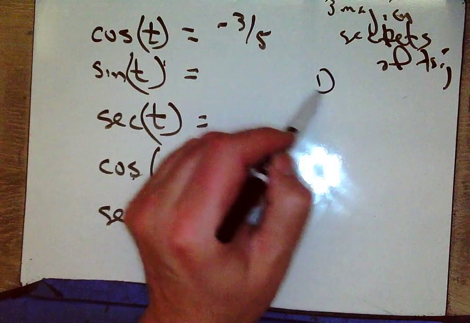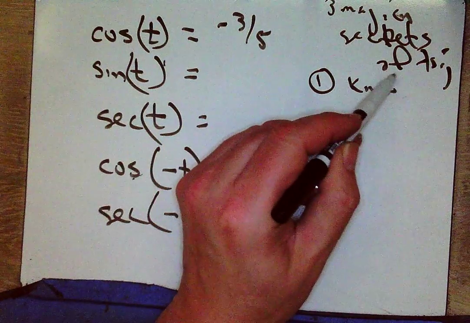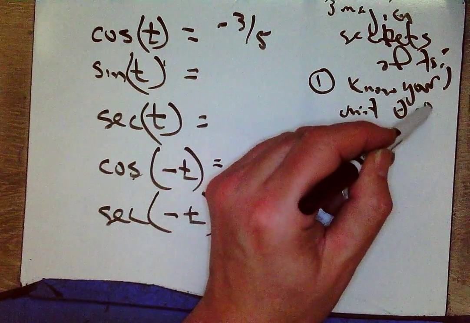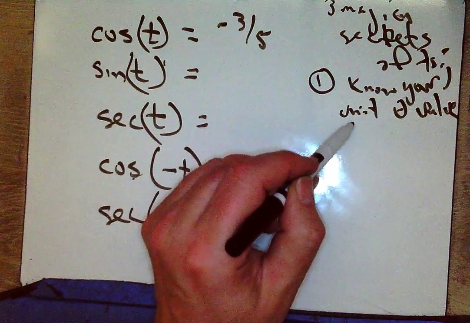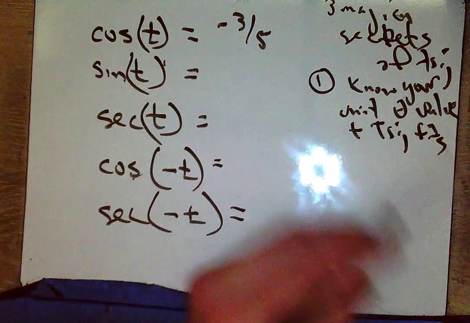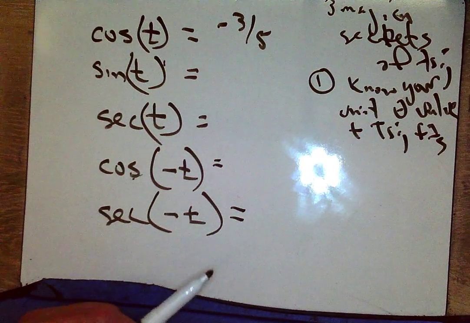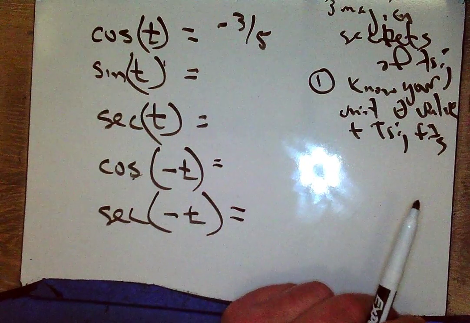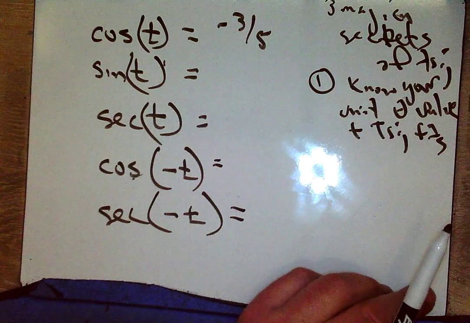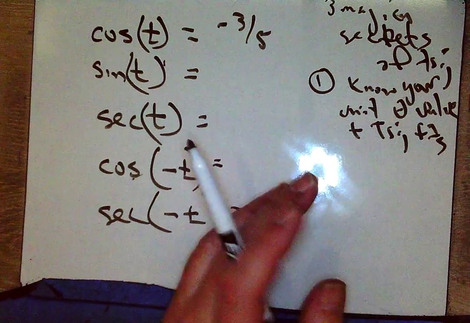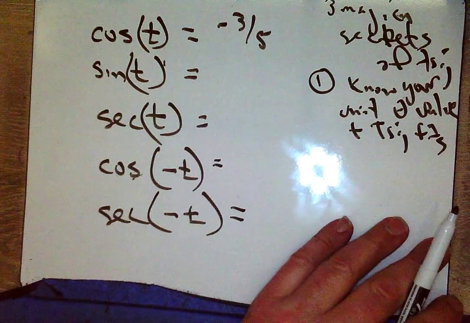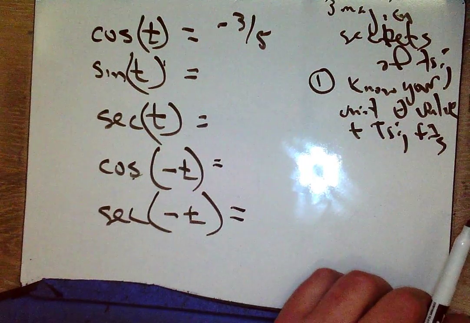The first magic secret of Trig is know your unit circle values and trig functions. This class is going to be something that makes you cry all the time if you don't know your unit circle values and you don't know that sine is opposite over hypotenuse, or on the unit circle, the y value. But if you do know those things, it should be a pretty straightforward, almost easy class.